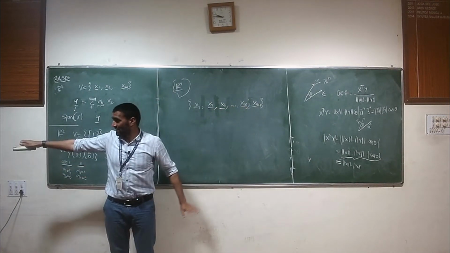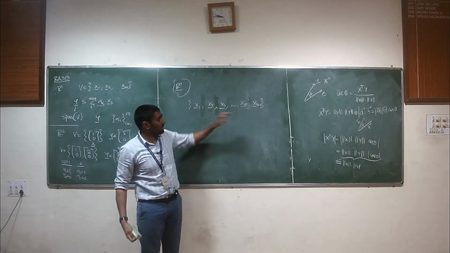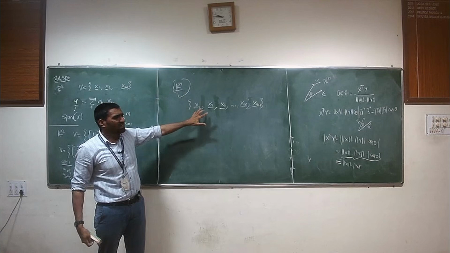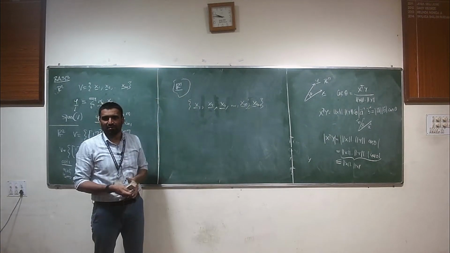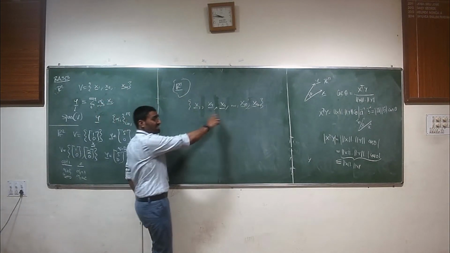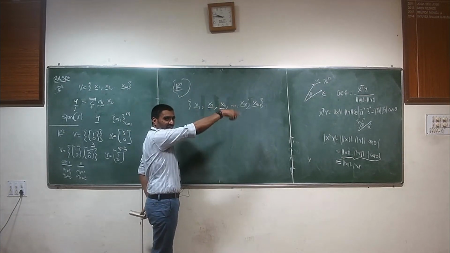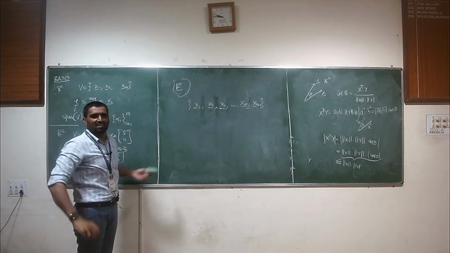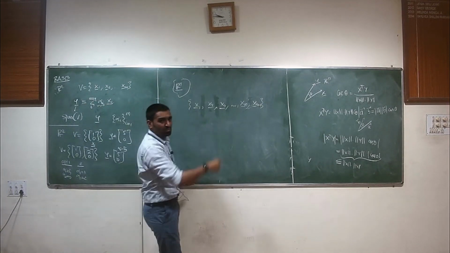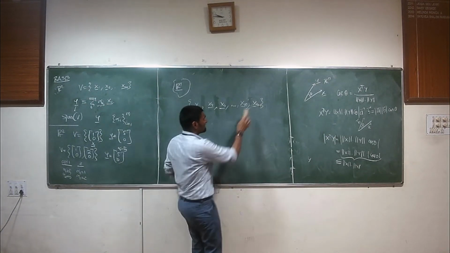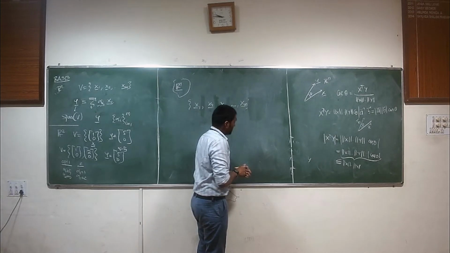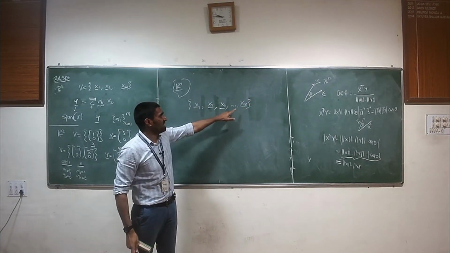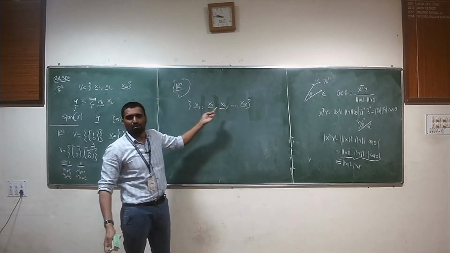Which essentially is what is said by that inequality. If you're talking about Rn, you can at the max have n vectors from Rn which can form a linearly independent set. The moment you add an n plus 1th vector to a linearly independent set, everything else after that will result in a linearly dependent set. That's an important idea: from Rn you can only have a set of n vectors which will be linearly independent.